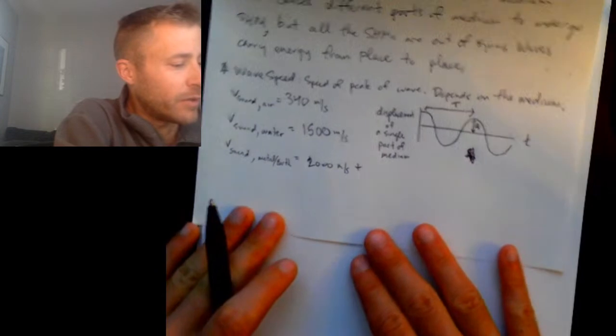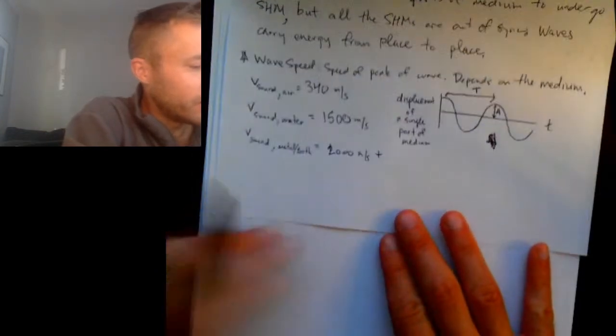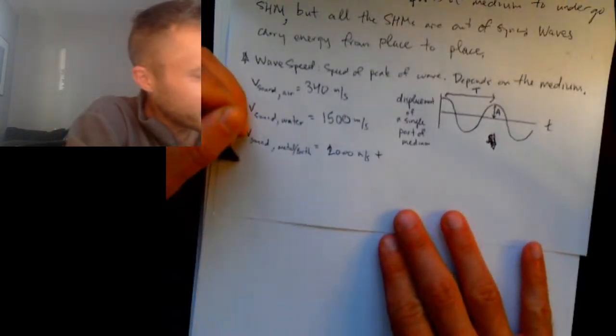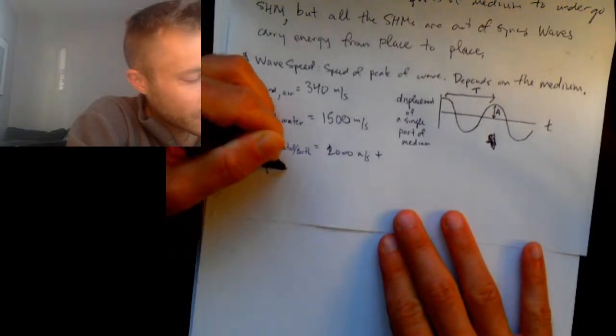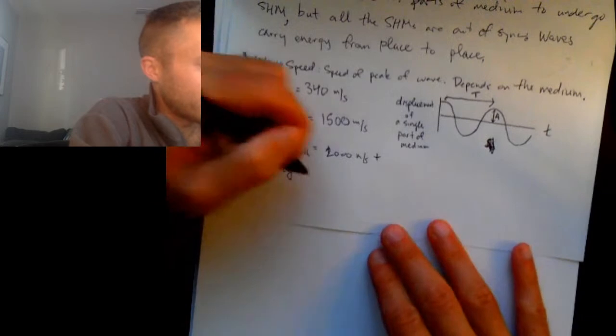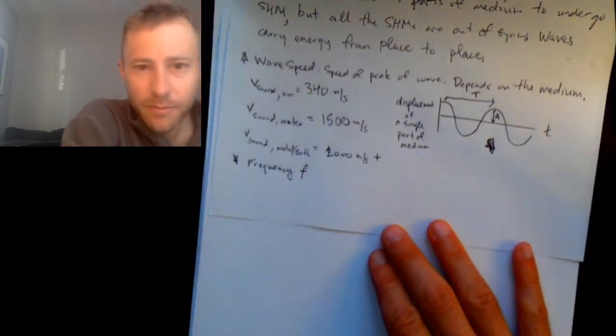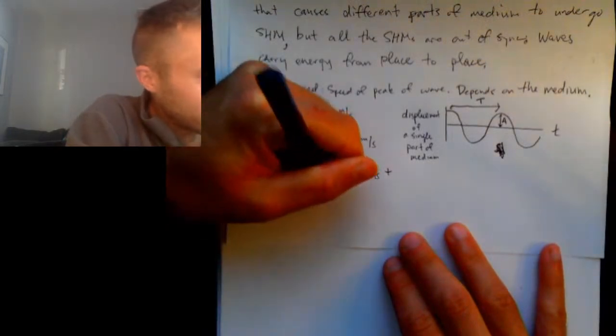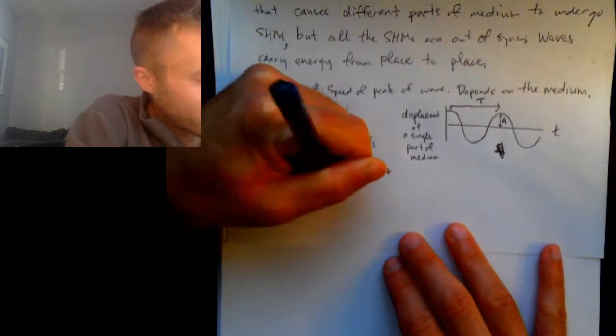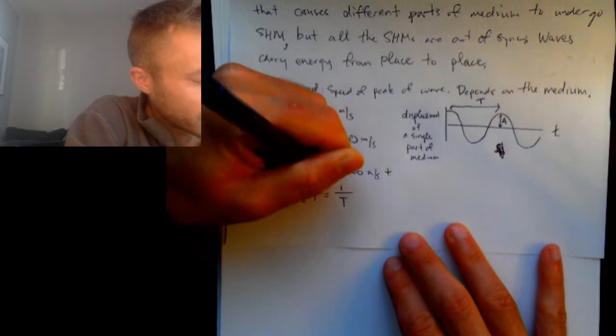Now, there's a thing called the frequency, which is denoted by f, and the frequency is equal to 1 over the period.